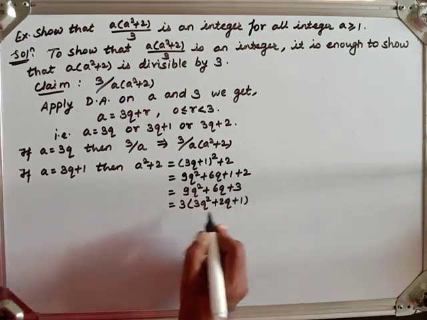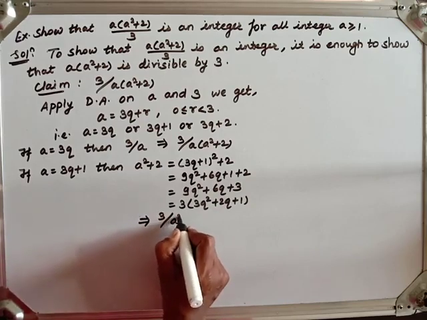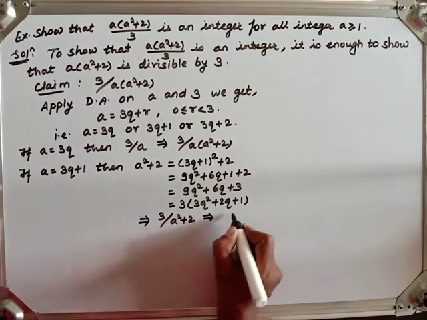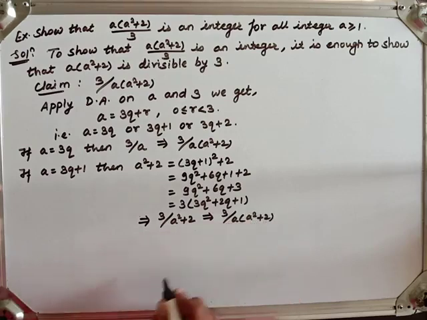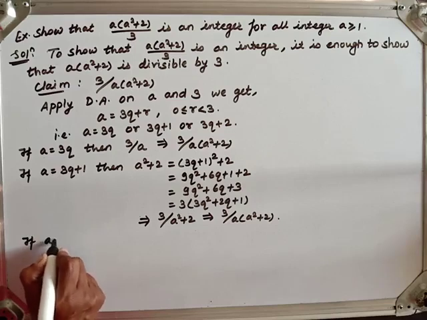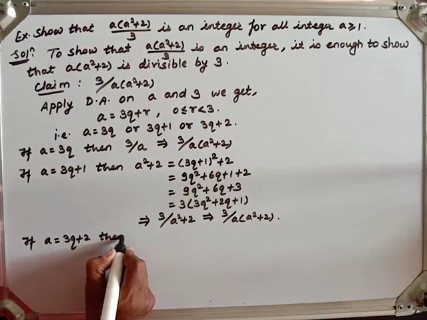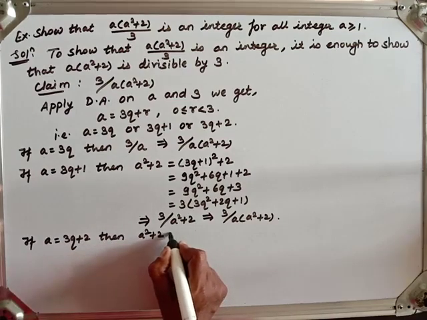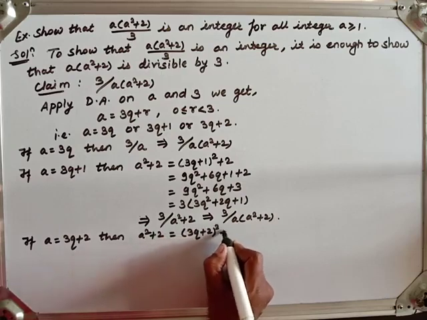So from this we can say 3 divides a square plus 2. As 3 divides a square plus 2, so 3 also divides a into a square plus 2. It is one of the properties of divisibility. Now again the last case, if a is equal to 3q plus 2, then again consider a square plus 2. So it will be 3q plus 2 whole square plus 2.